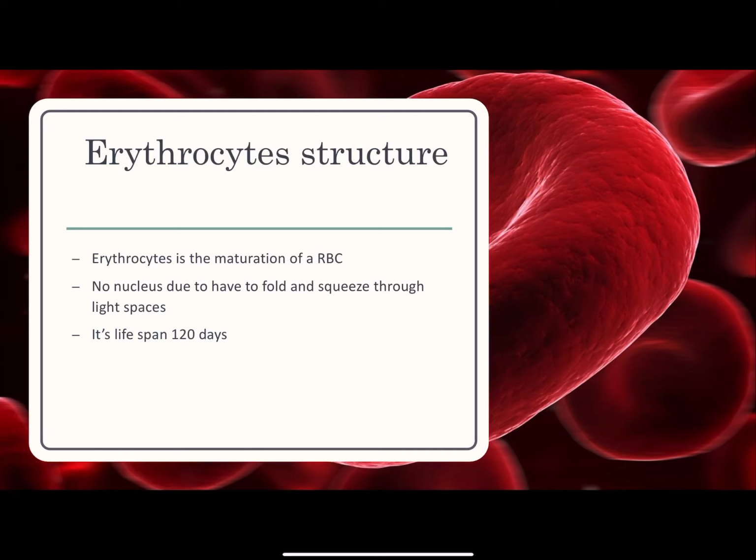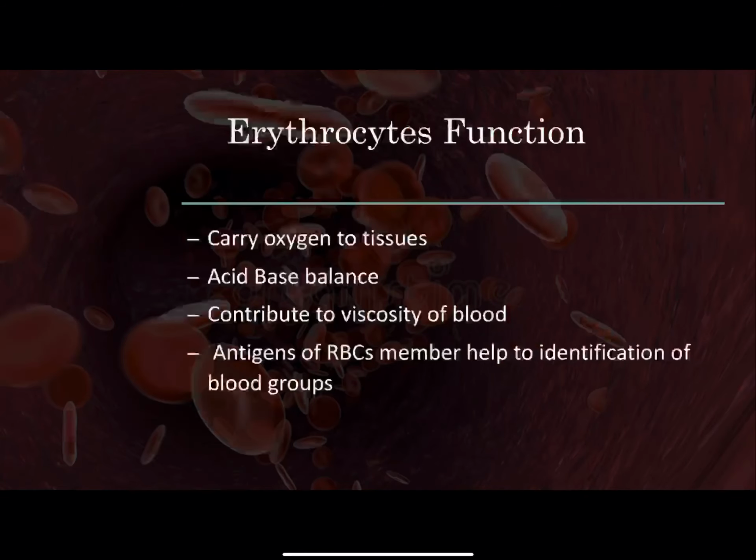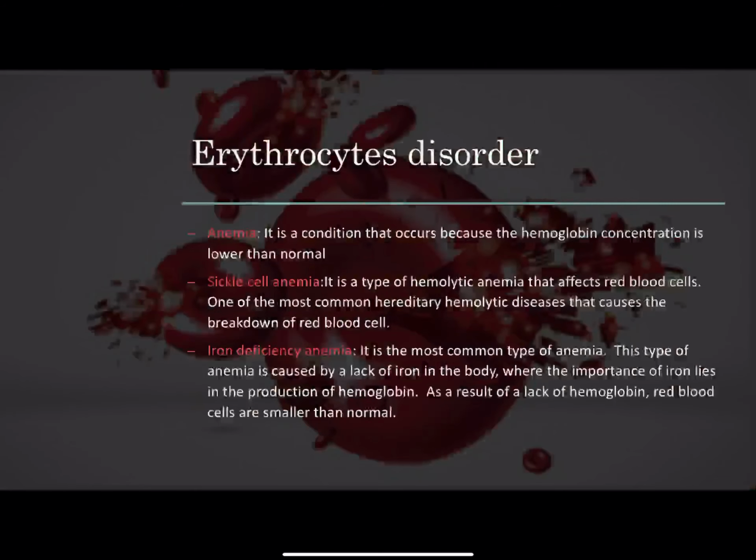Its lifespan is about 120 days. So the erythrocyte functions: it carries the oxygen needed by tissues and organs, maintains acid-base balance, contributes to the viscosity of the blood, and the antigens on the red blood cell membrane help in identification of the blood group.